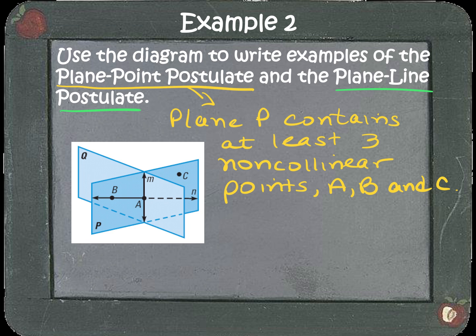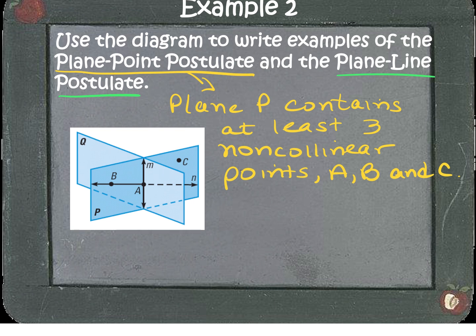Now they also want me to give an example of the plane line postulate, so I'm going to write that in green. Remember, the plane line postulate states that if 2 points are in a plane, then the line that contains them is in that plane. So let me come up with some points here.